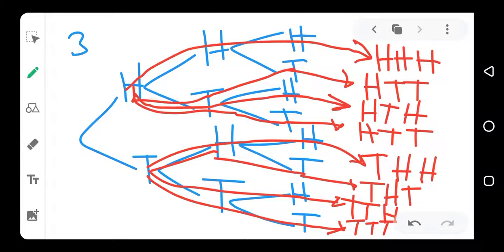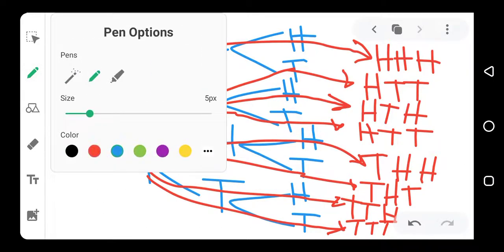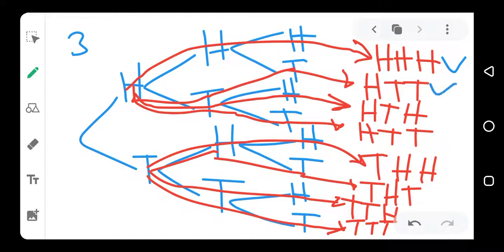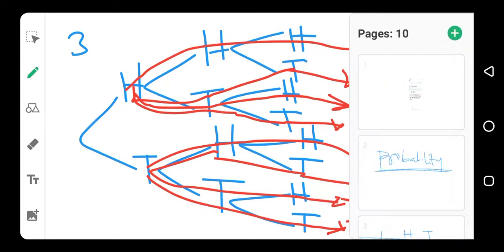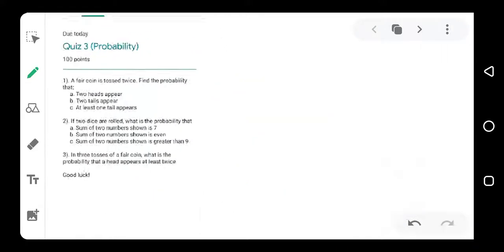We have 1, 2, 3, 4, 5, 6, 7, 8. We have 8 events in the sample space. Now the question is, in 3 tosses of a fake coin, what is the probability that a head appears at least twice?